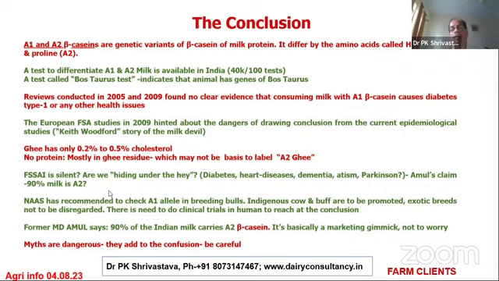Let us make our country 100% A2. That can be done only by rearing the indigenous breeds, by using the indigenous semen, A2 semen, or the bull which has a lower ranking of A1 gene in the semen. Higher ranking of A2 will dominate, and slowly we can transform. So that's what they say.